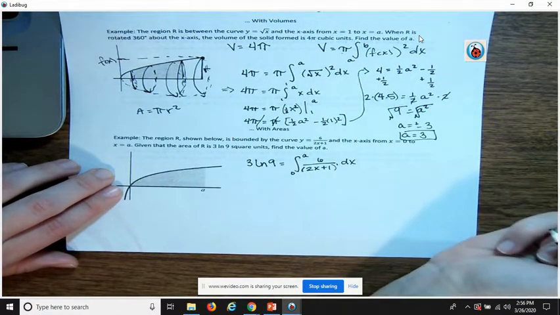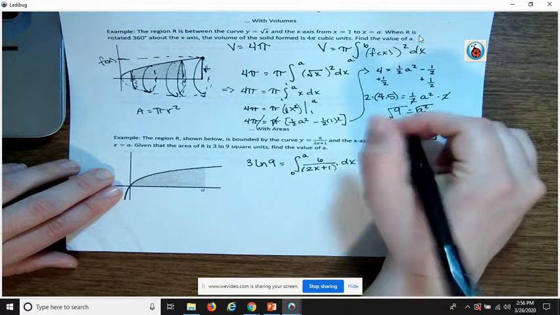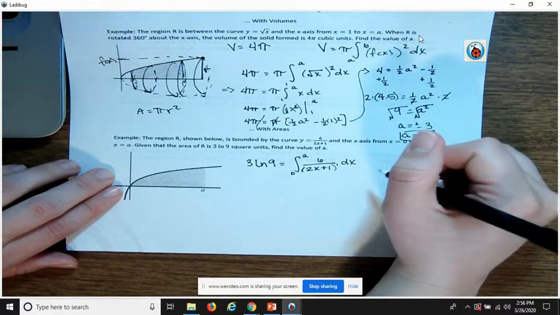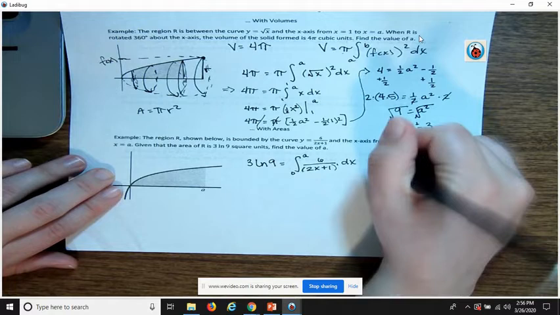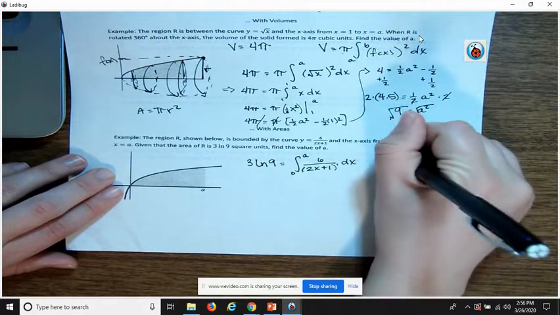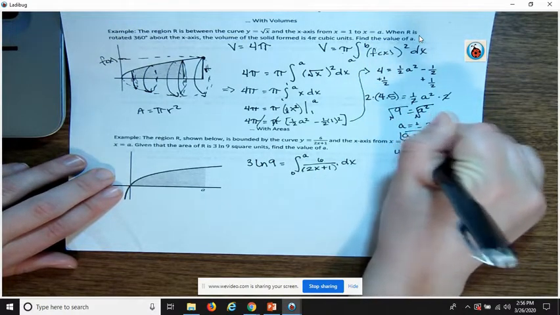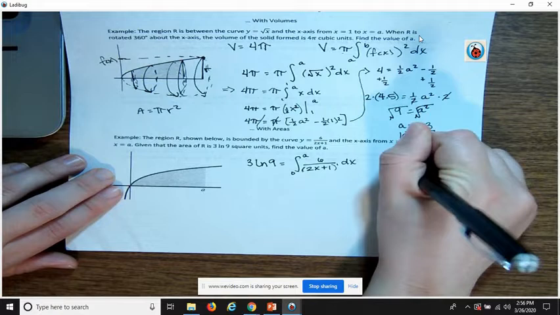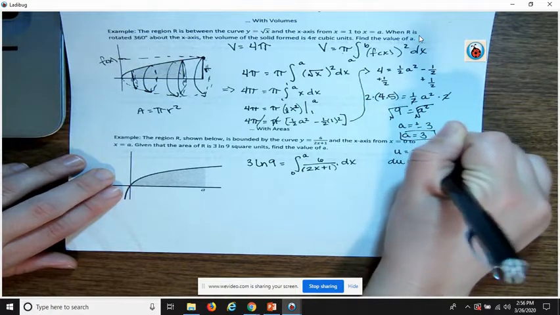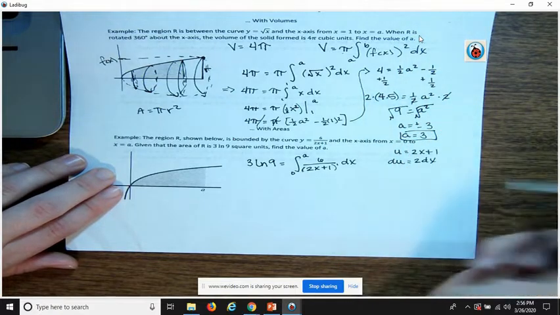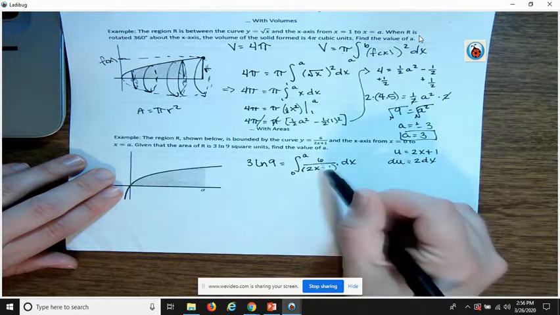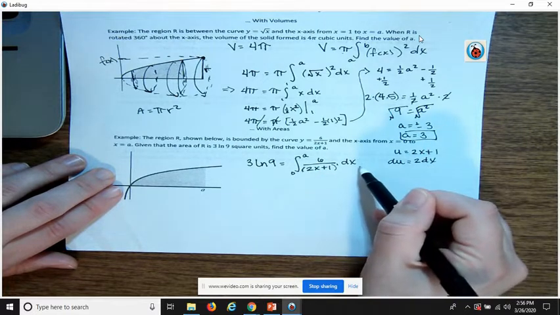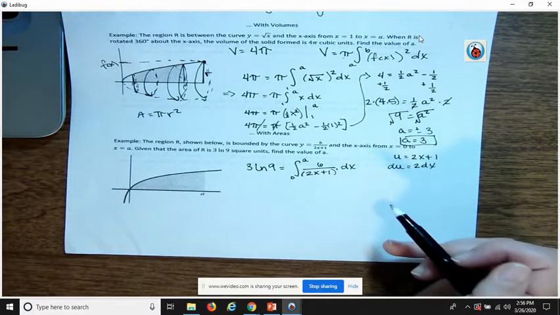Okay, notice we have stuff on the bottom here in the denominator, and it doesn't have parentheses all the way around it, but we could put them, and if we did, it would have a power of 1. Okay, so this means that we're going to integrate and get natural log there, which is nice. And it also means that we could do some u substitution here. So I'm going to make my u 2x plus 1. My du would be 2 dx. And then I want to look, I have 2 dx here, and I want to replace it. I have 6 dx here. They don't match. Our goal is to get them to match.